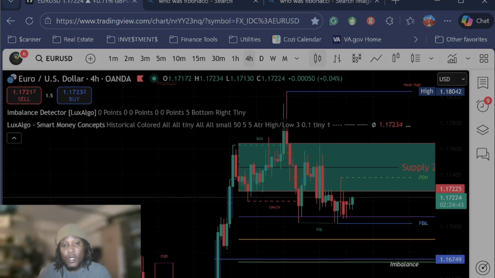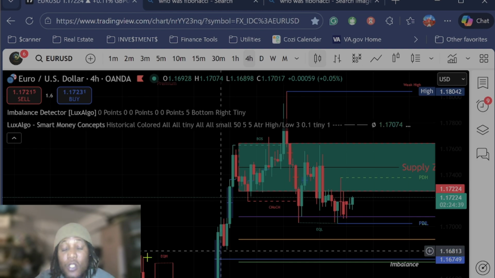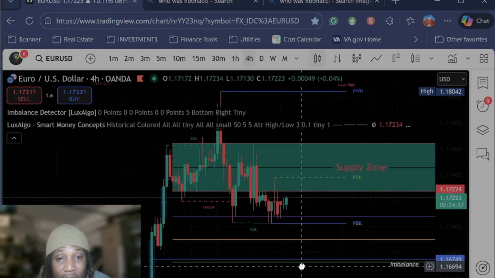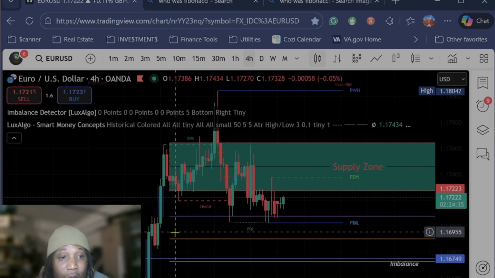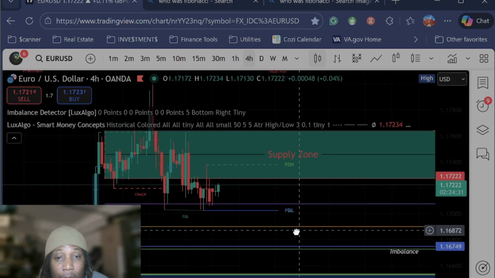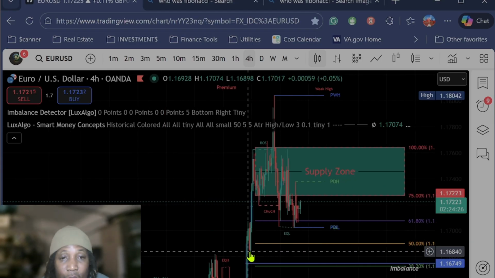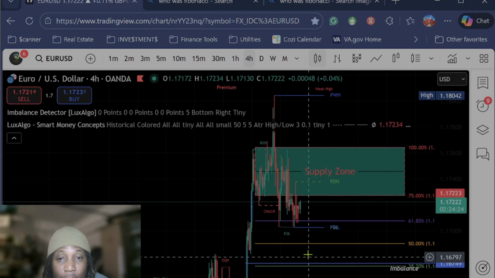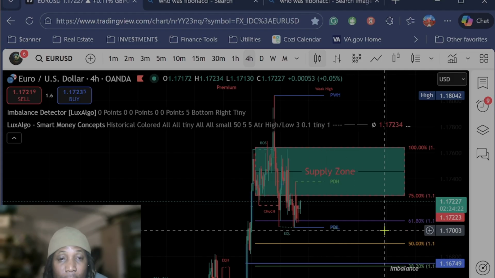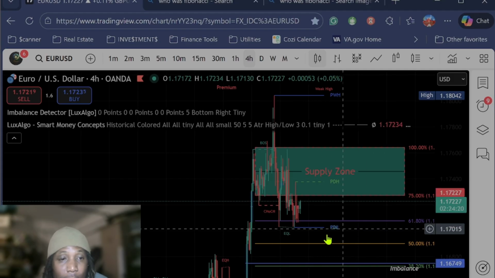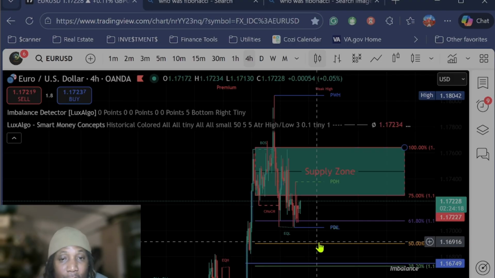Right now, we know it's an uptrend, so our bias is on the upside. Since our bias is to the upside, I'm going to delete this Fibonacci retracement. Before I do that, I wanted to identify the golden ratio area. Actually, I'm not even going to worry about the golden ratio area.